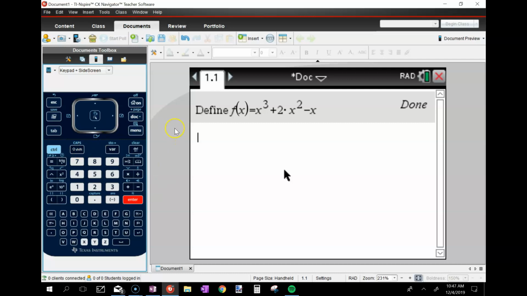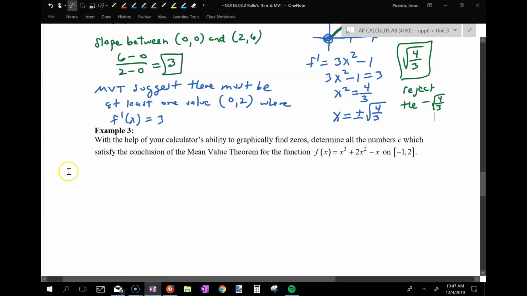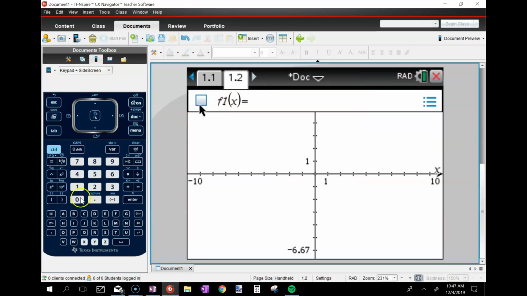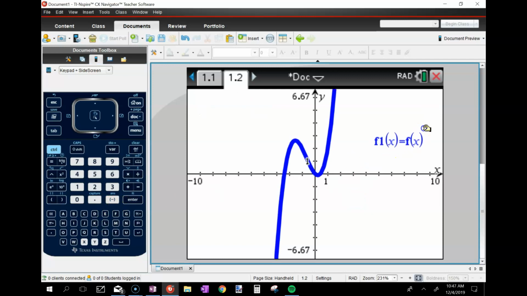Now, what do I want to know about this function? Well, I want to know the slope of the secant that connects this point to this point, right? So what I'm really asking is this. If I were to add a page and graph this, okay, so there's my function.